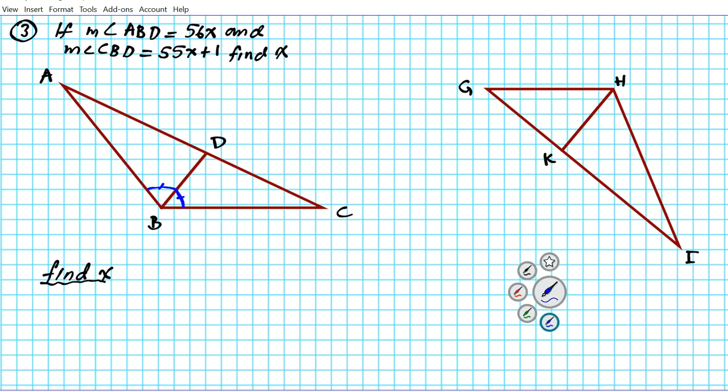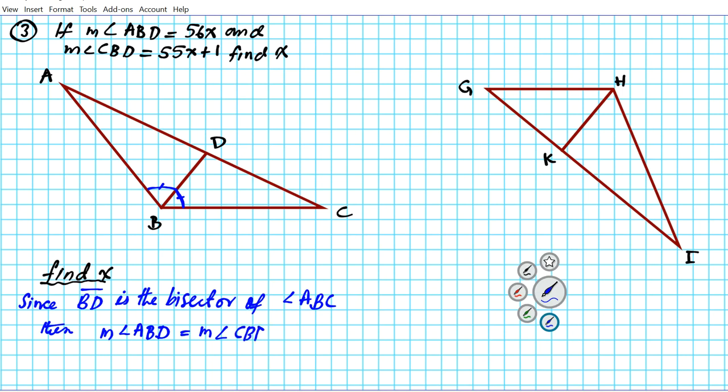Now, since segment BD is the bisector of angle ABC, then these two angles have to be congruent, right? So the measure of angle ABD is equal to the measure of angle CBD. All right, so we have it that way.